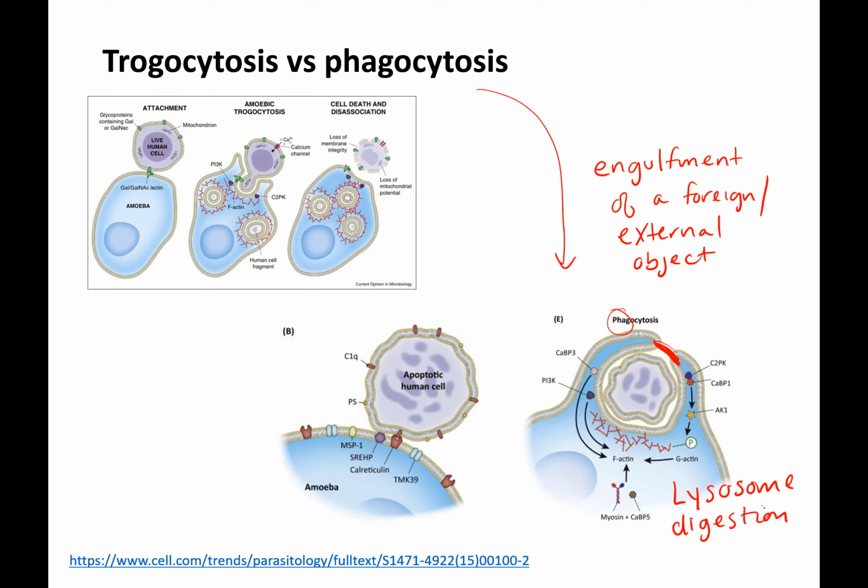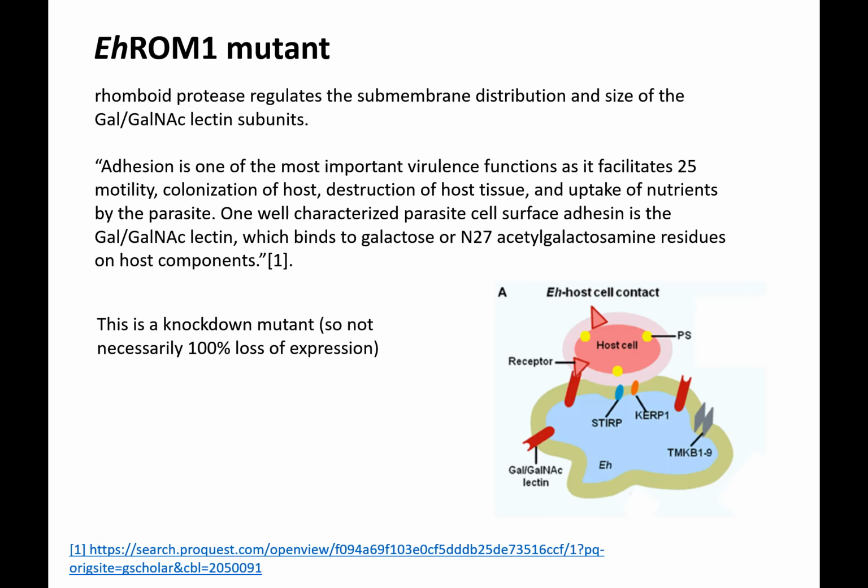So a big part of this paper is them differentiating between trogocytosis and phagocytosis. Towards the end of the paper, they use a ROM1 mutant, and the ROM1 mutant is defective, my understanding, in attachment and ingestion.